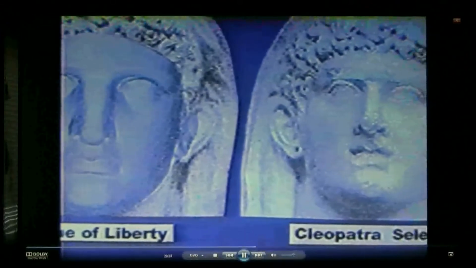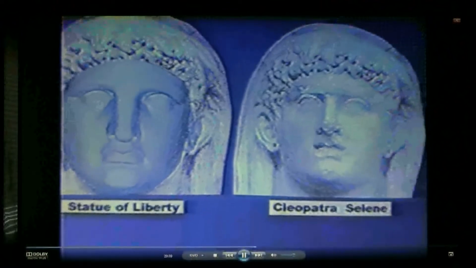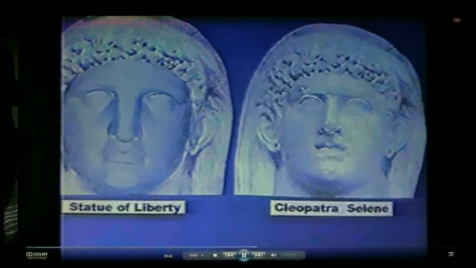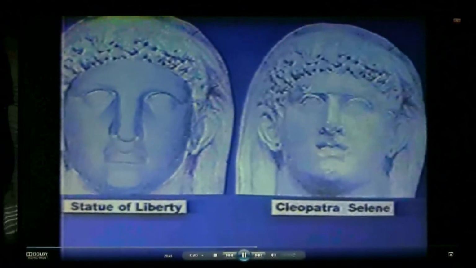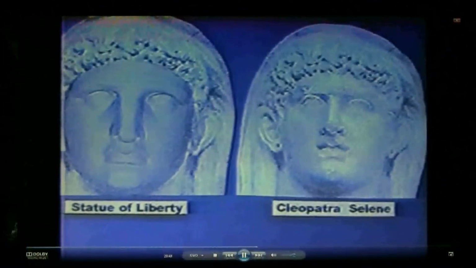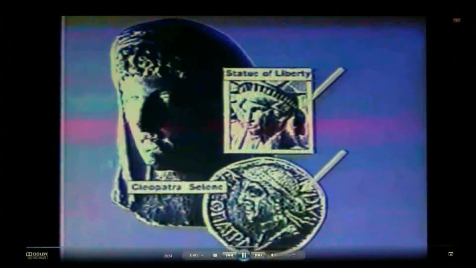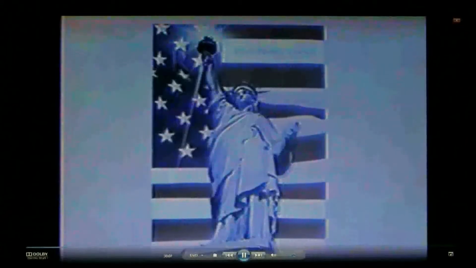The lips, the mouth, the sharp jaw, the thick neck, the protruding ears, the prominent nose, and the masculine features are a close match. An ancient minted coin of Cleopatra Selene reveals that even her hairstyle and hair tie ribbons are an identical match with the Statue of Liberty's hairstyle and ribbons.